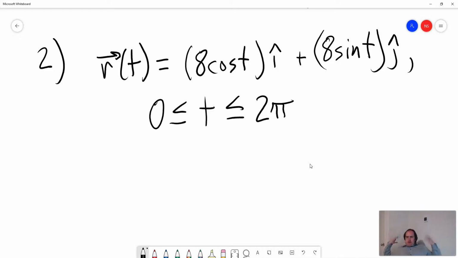Now, right off the bat, when you look at this, you should notice that it is not linear. How do I know it's not linear? Well, we don't just have t here, we have a trig function. We have cosine of t and we have sine of t. So this is nonlinear.